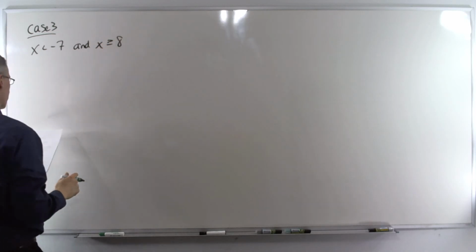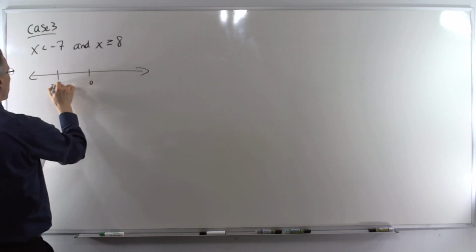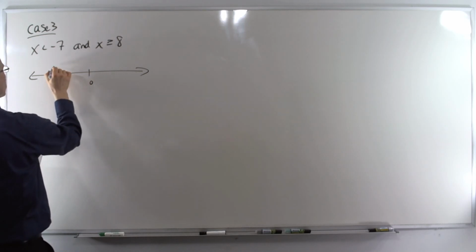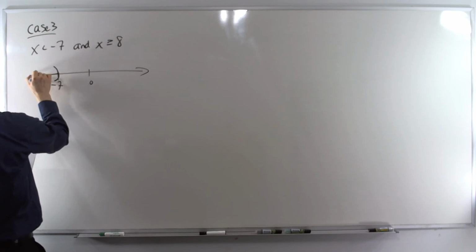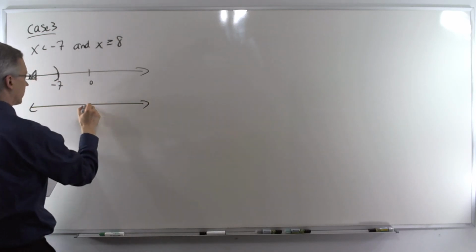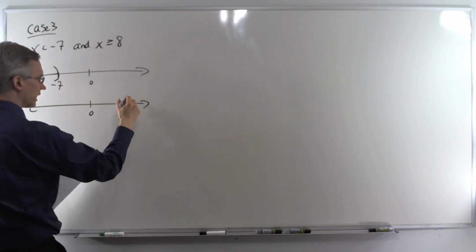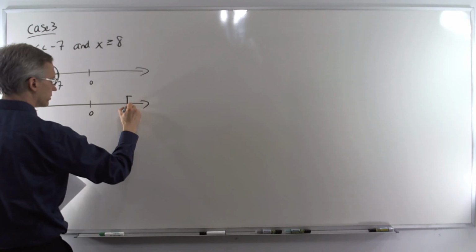So we got x less than -7. So graph that one. Strictly less than, so parenthesis. Second graph. X is greater than or equal to -8. So greater than or equal to means the bracket. And we're going to the right.